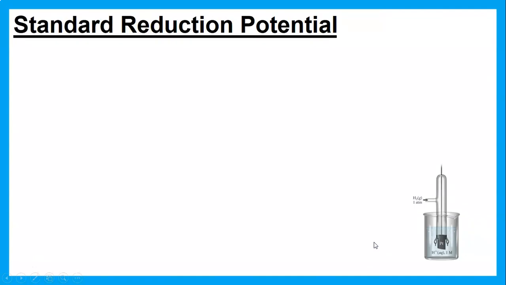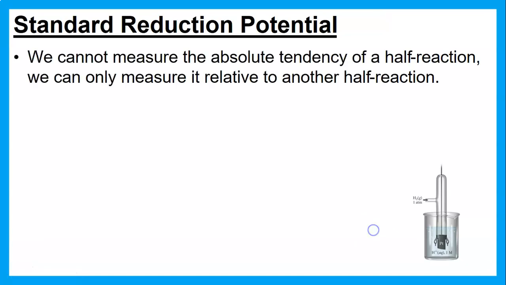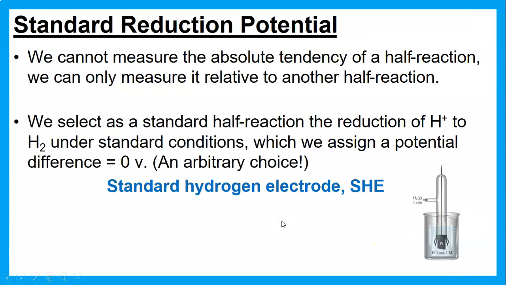One of the things that's a little interesting is that what we're measuring, this tendency for a reaction to occur, is not an absolute value measurement. It's not like grams where we can actually measure it directly. What we're doing is we're measuring it relative to something else. So what we do is we say compared to hydrogen being reduced to H2, how much more or how much less does this other reaction happen?